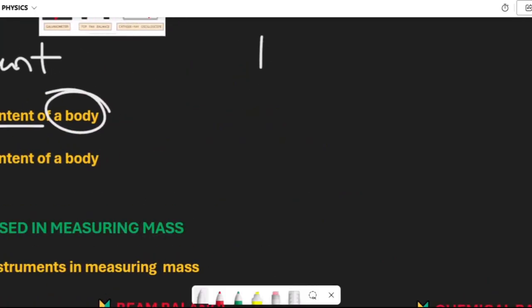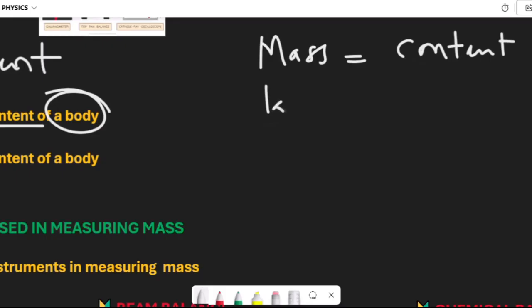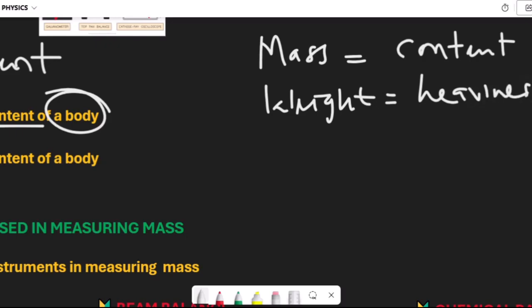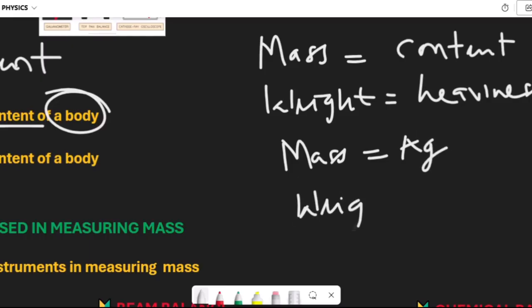Firstly, mass is for the content, while weight is for the heaviness. Another thing is that mass is measured in kilogram, while weight is measured in Newton.